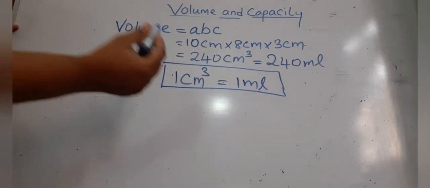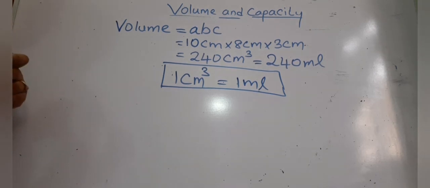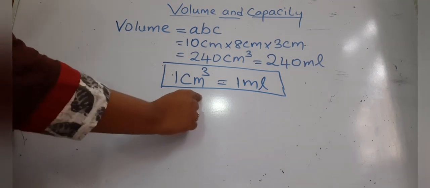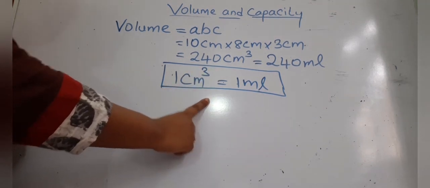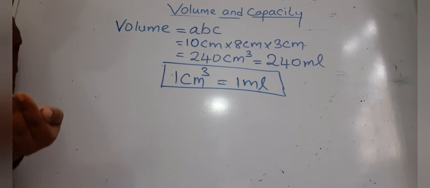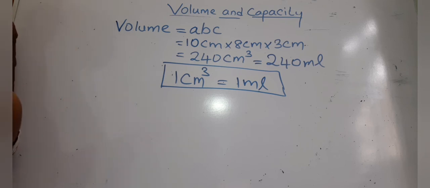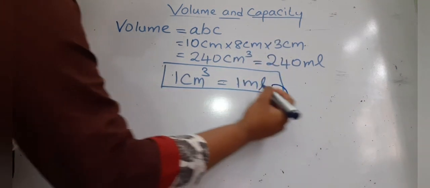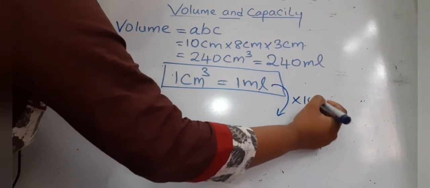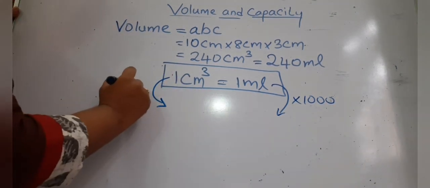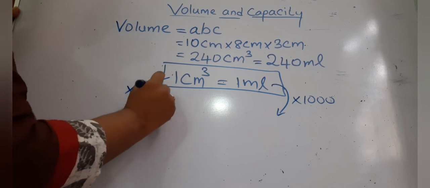So now using this relationship, I am going to derive another relationship indicating the relationship between the cubic centimeter and the liters. So you know liter is yet another important unit used to measure liquid. Am I right? So let's now multiply this 1 milliliter by 1000. We should multiply this also by 1000.